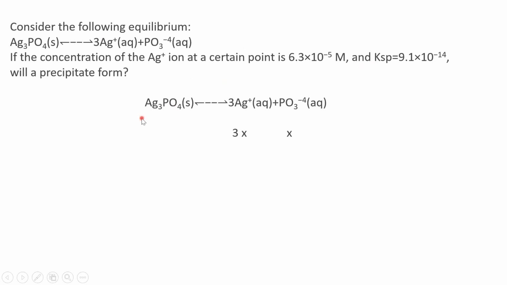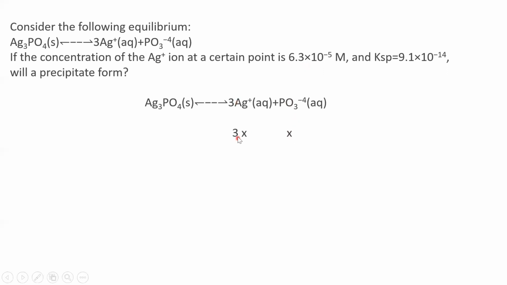All right. So here's our dissociation. We've got our silver phosphate dissolving to form our ions. We've got 3 times the silver ions as the phosphate ion. So figure out what the phosphate ion would be. It gives you the silver ion.